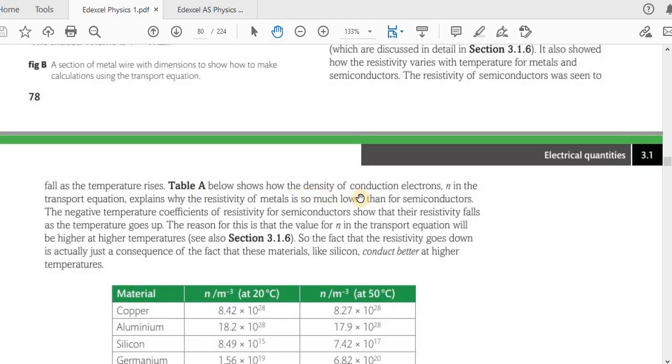Table A below shows how the density of conduction electrons N in the transport equation explains why the resistivity of metals is so much lower than for semiconductors.